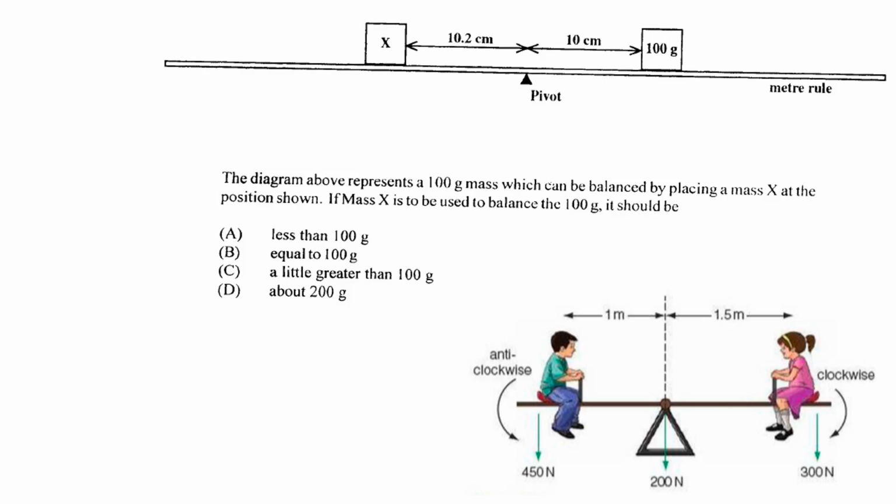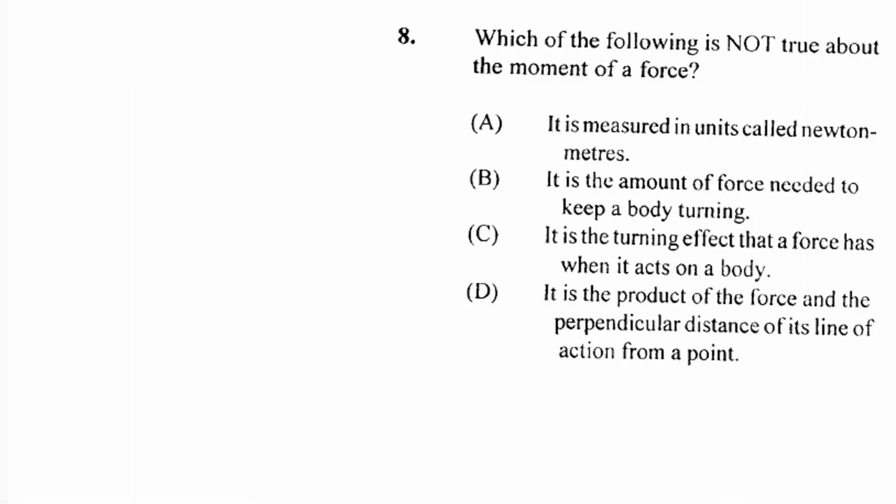You can think of when you were a child playing on the seesaw. If you and your partner were of different masses, to balance it out easily, the person with more mass should be closer to the fulcrum or pivot, and the person with less mass should be further away. Here the answer is A. Number 8.